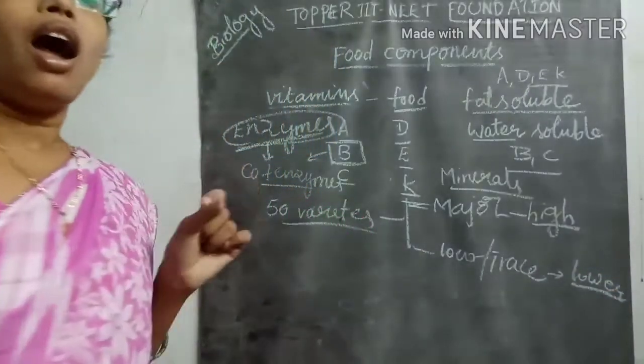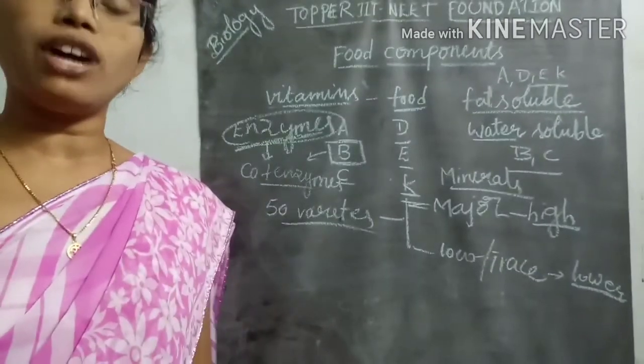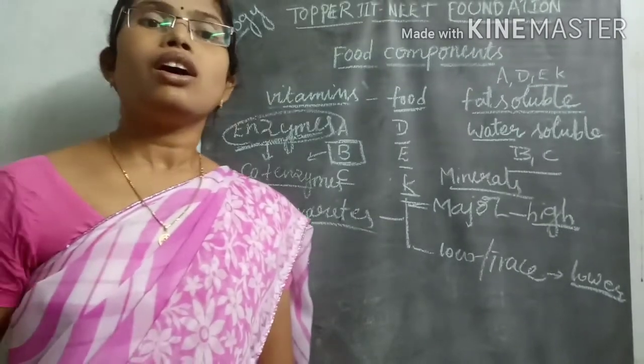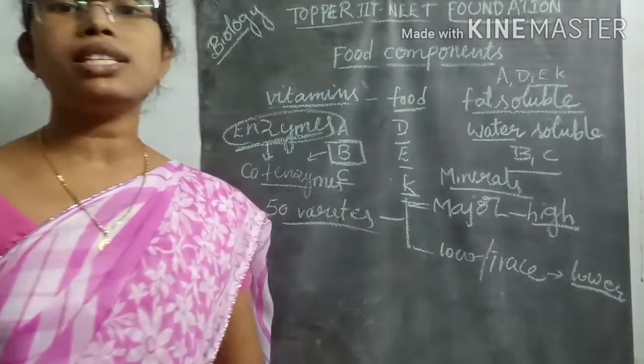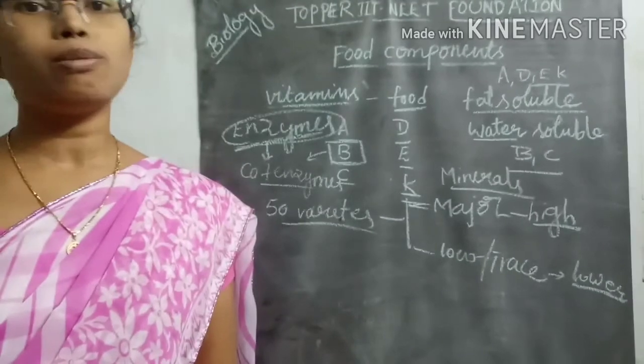Lower means that only for particular reactions or particular metabolic functions, these trace elements or low quantity elements will be required. But these major elements are also required for different functions which occur in our body.